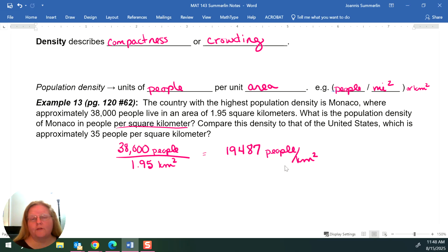We're going to round it off to the nearest person, basically. That's what it is in Monaco. In America, it said it had 35 people per kilometer squared.